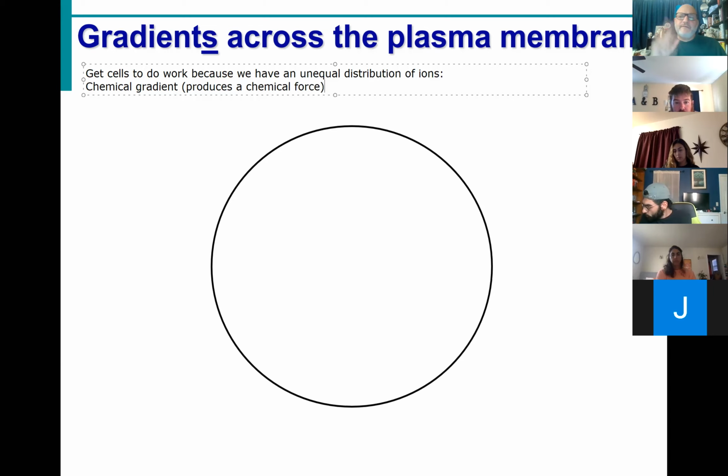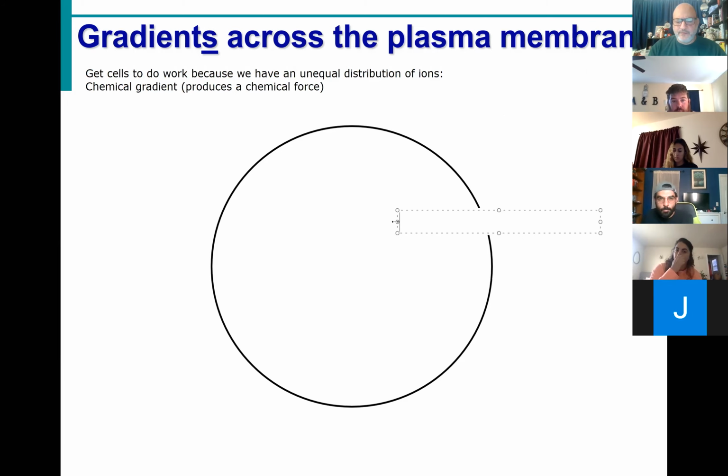So there were four main ions we talked about. Remind me what those were again. Give me one of them. Potassium. Potassium, excellent. Where was there more potassium? Inside the cell. Excellent. So we know that there was more potassium inside the cell. Give me another one. Sodium. Where was there more sodium?